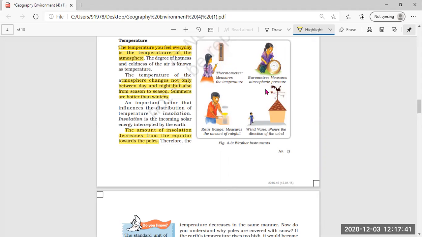Third is the rain gauge, which measures the amount of rainfall, how much rainfall there is. Then the wind vane shows the direction in which the wind is blowing. So all these are weather instruments which measure temperature, atmospheric pressure, rainfall, or the direction of the wind.